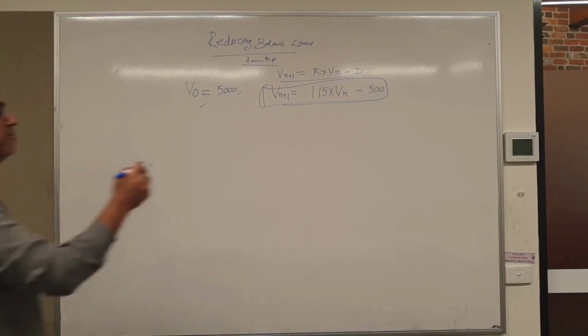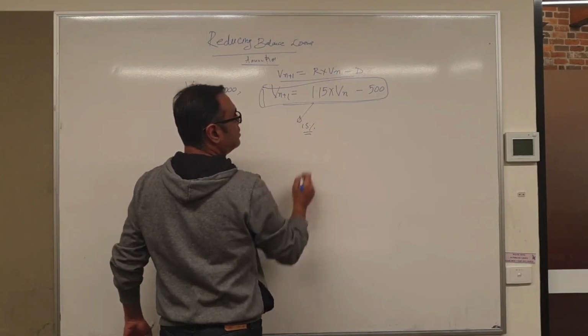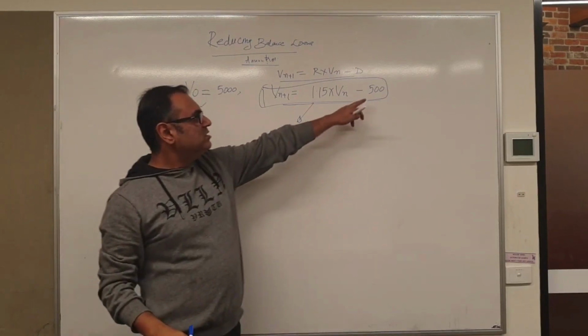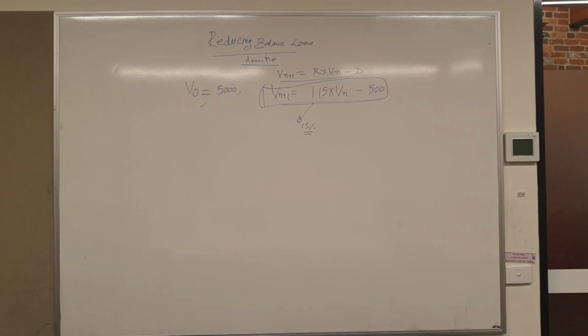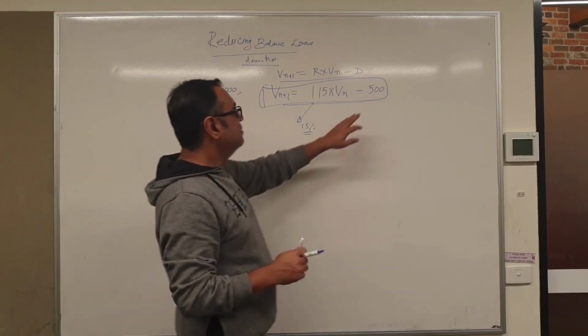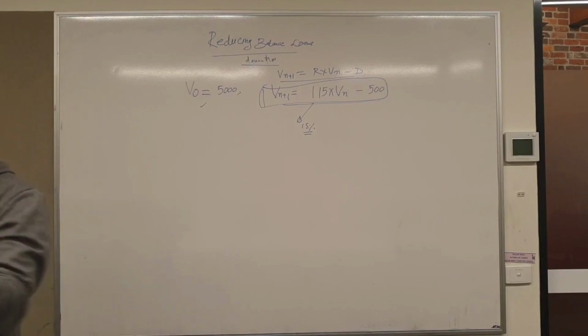Because it's 1.15. What is this bit? The difference. What difference? Minus 500. Just the monthly payment. Exactly.